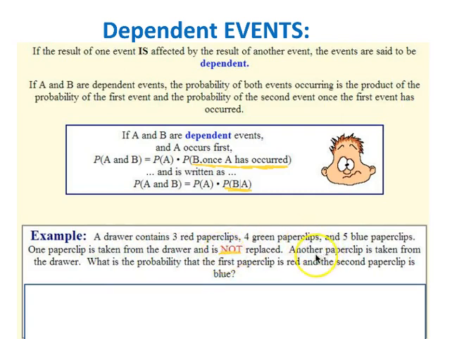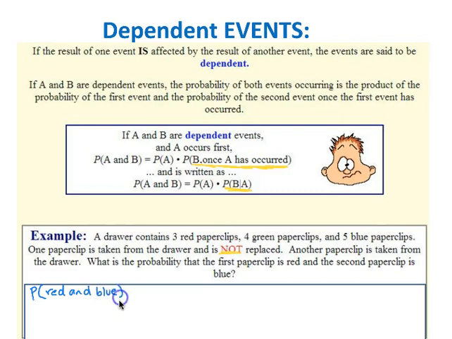And then we reach in and choose another paper clip. We want to find the probability that the first paper clip is red and the second paper clip is blue. So how do we do that? Let's go ahead and write down our notation here.